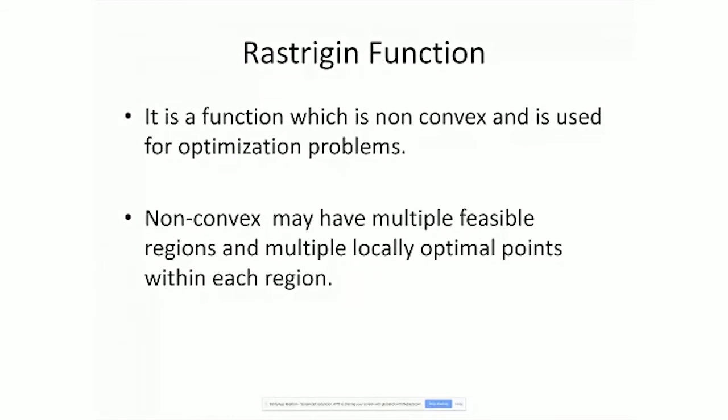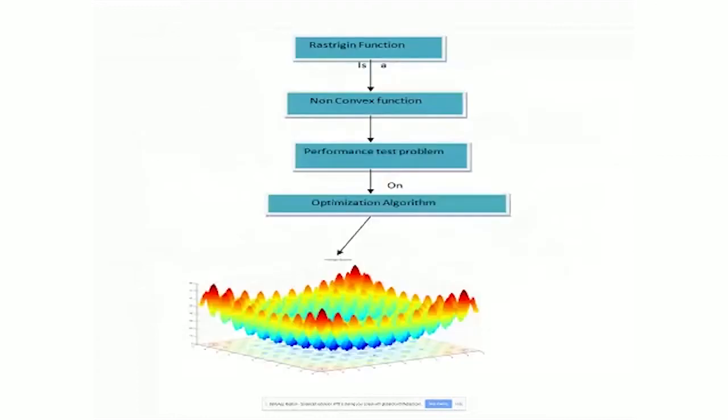Non-convex may have multiple feasible regions and multiple locally optimal points within each region. If the local minima for this particular function is passed, we can change accordingly. If we focus on it in a figurative format, we have it like this. So the Rastrigin function is a non-convex function.